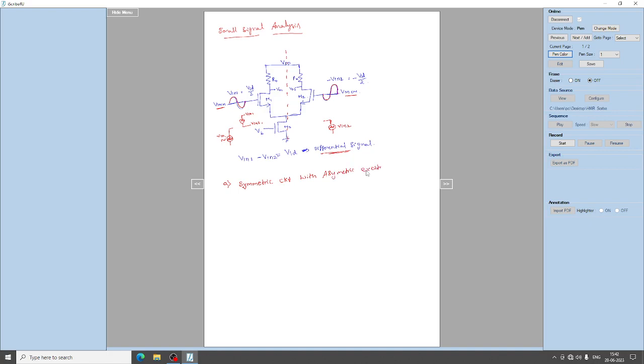excitation, that is with different input, right. So this we can analyze in one of the ways.